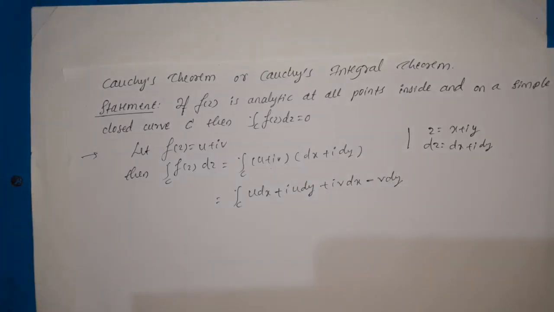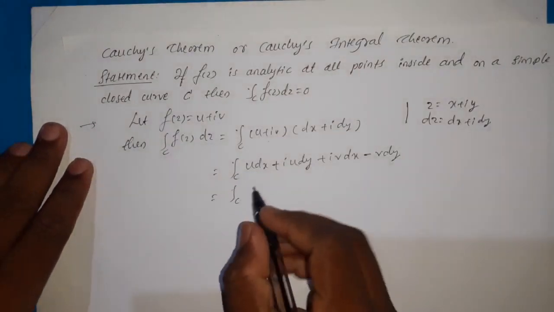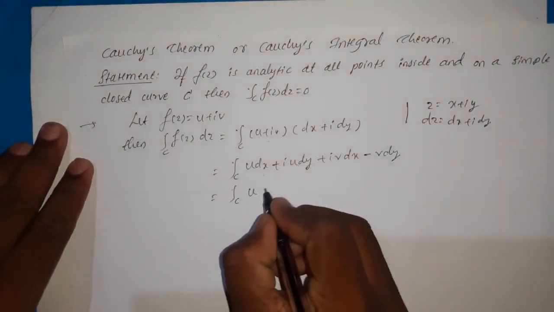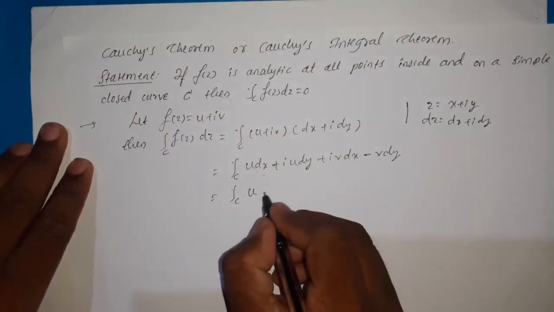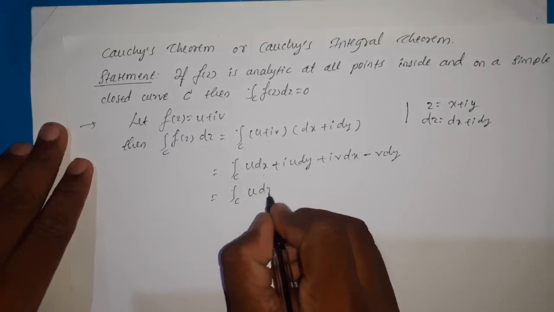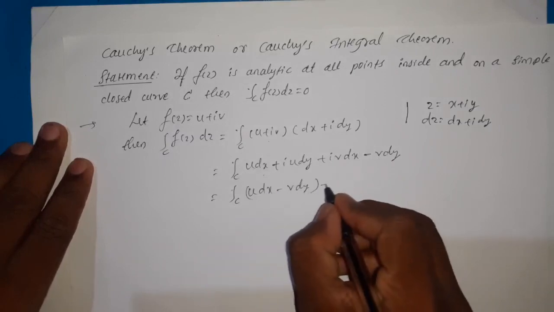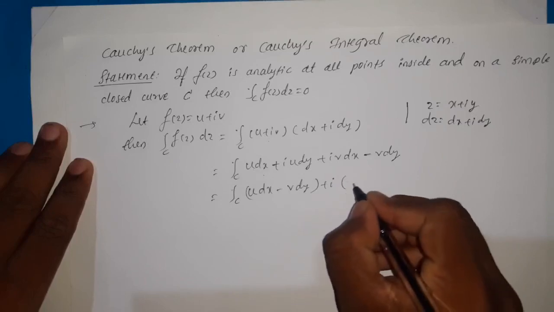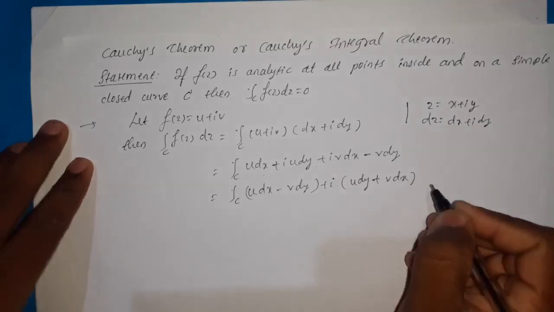So now let us separate the real and imaginary parts. So therefore that becomes integration over c, u is a real part and minus v is a real part. So therefore here u dx minus v dy plus i into remaining u dy plus v dx.